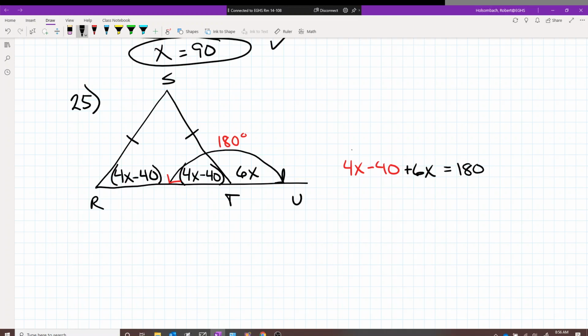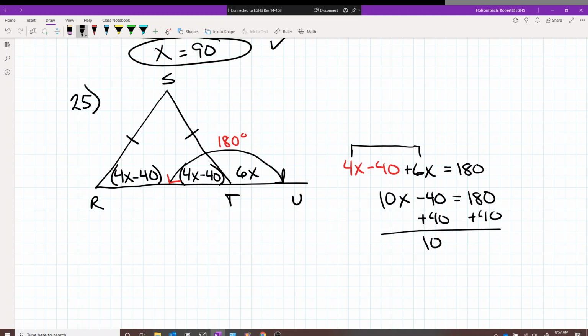If you combine like terms, 4x and 6x, you get 10x minus 40 equals 180. You can add 40 to each side. Your 10x equals 220. And if you divide by 10, your x is equal to 22.